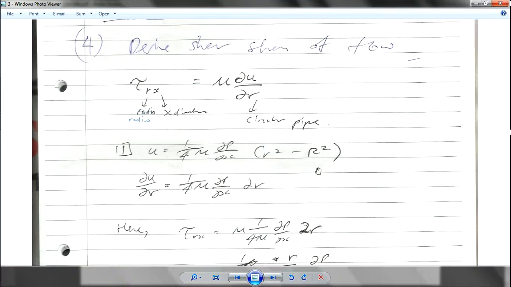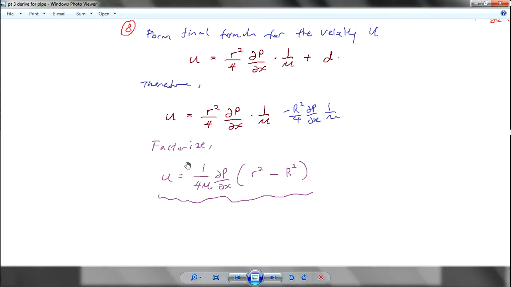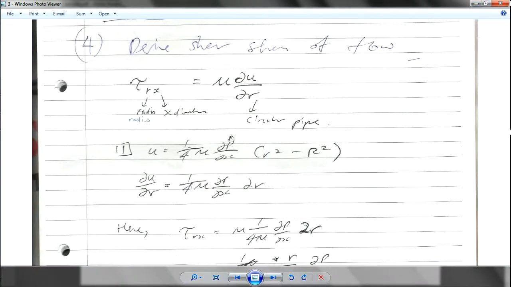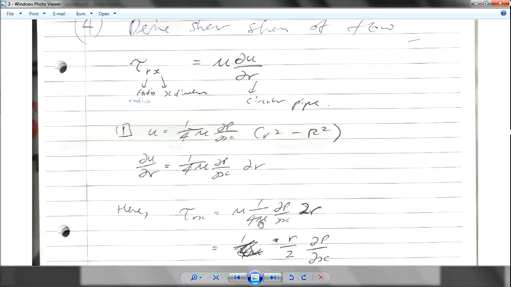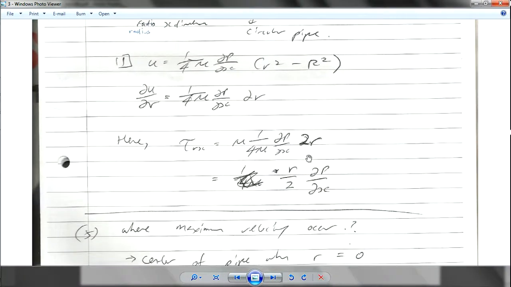If you remember, our velocity is this one over here, which we derived very early on. If you sub in over here, you have to differentiate one time because of this formula. If you differentiate in terms of radius, you will get this thing over here. And therefore when you sub it into your equation, you will get your values over here.